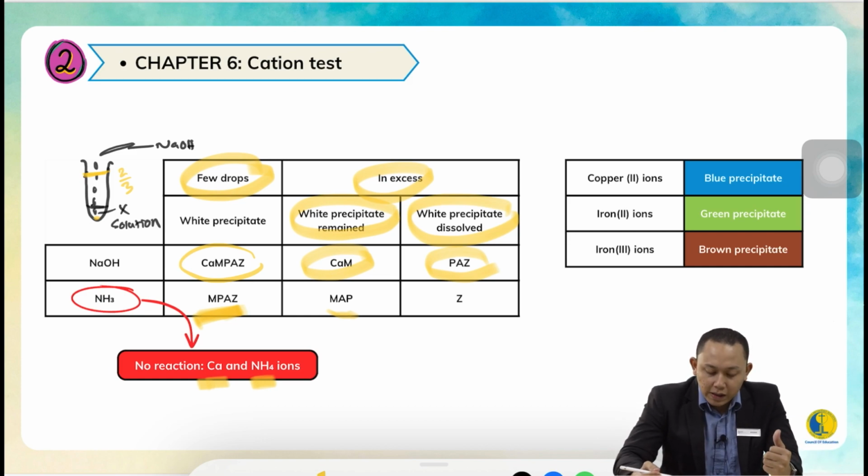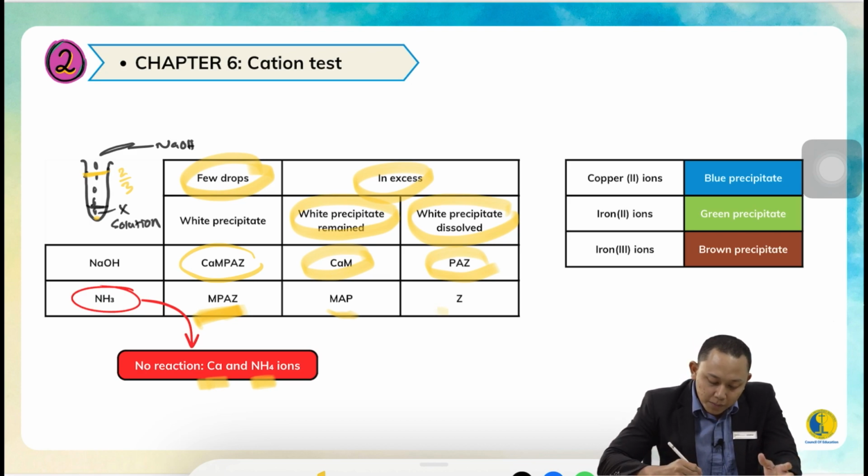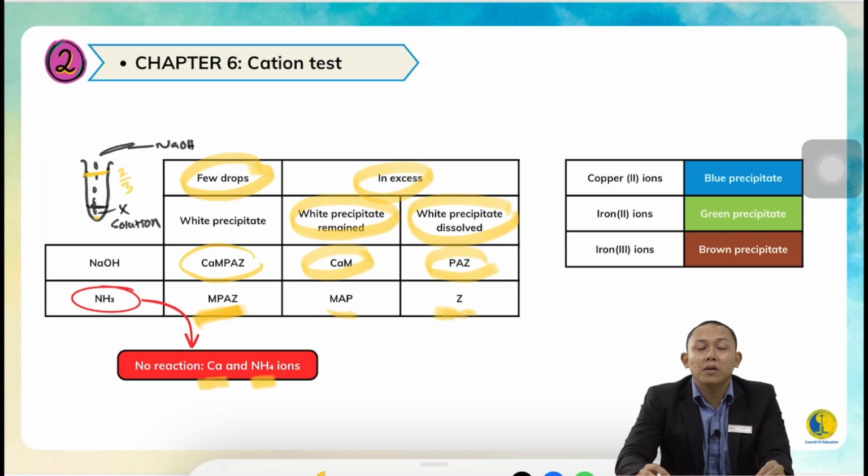If the white precipitate is gone, meaning it has dissolved, there will be only one possibility, which is that it might contain a zinc ion.